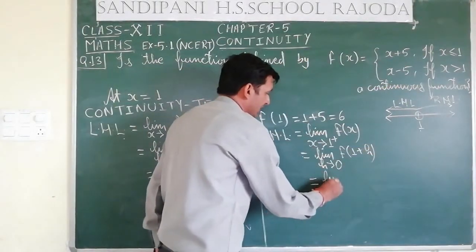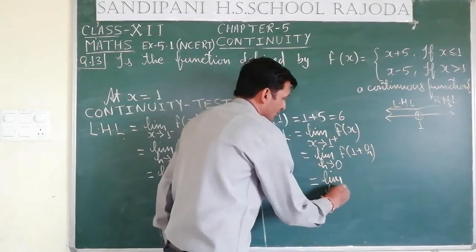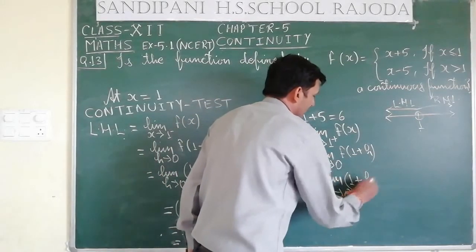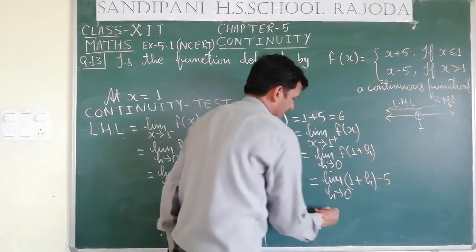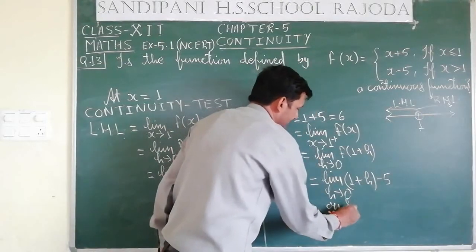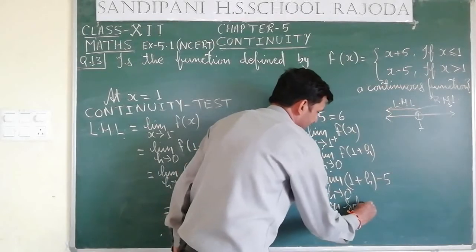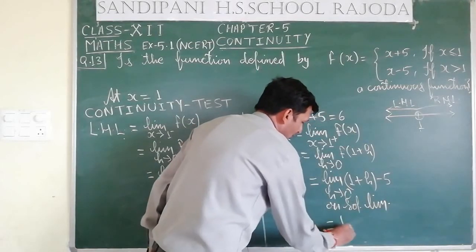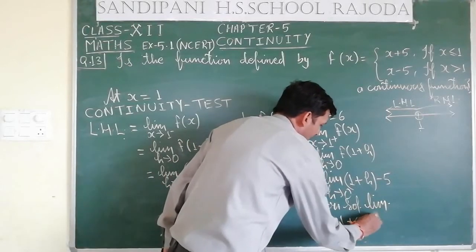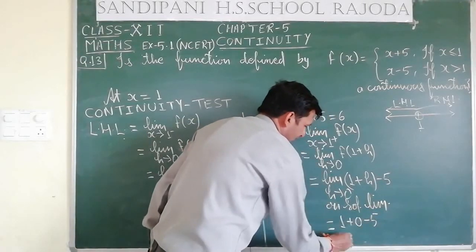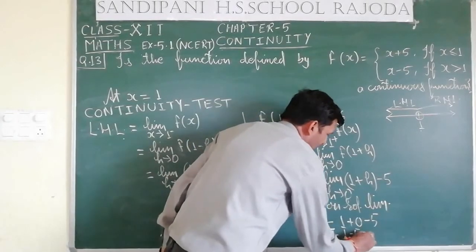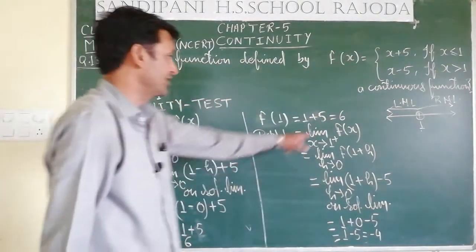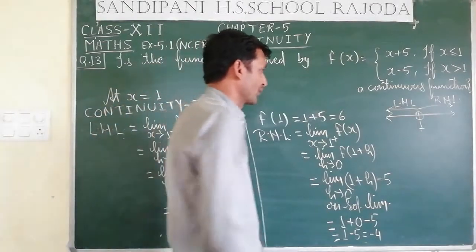So limit h tends to 0, 1 plus h minus 5. On solving the limit, it is equal to 1 plus 0 minus 5, that is equal to 1 minus 5, and it is equal to minus 4. Here it is 6, here it is also 6, but here it is minus 4.